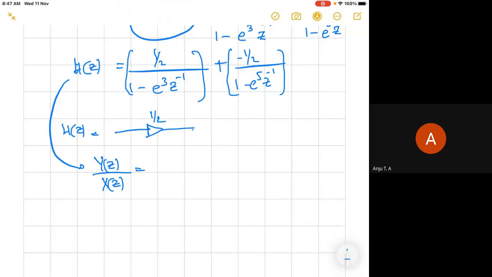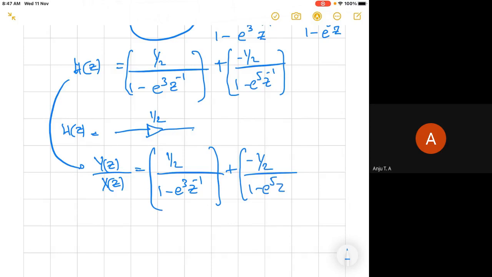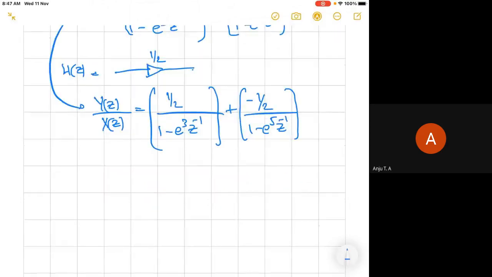H set is y set by x set, so that is half by 1 minus e cube set inverse plus minus half by 1 minus e raised to 5 set inverse. So if you expand this, you cross multiply with this, so it becomes yn minus yn e cube set inverse, which becomes yn minus 1.